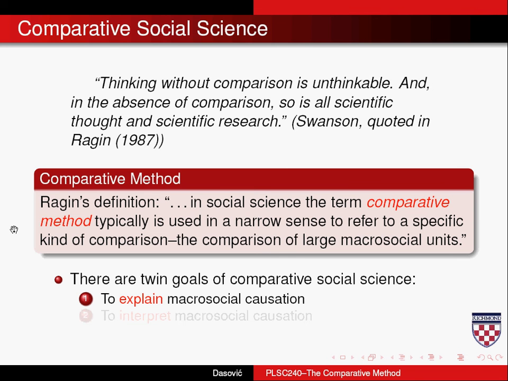Okay, so there are twin goals of comparative social science: to explain. Remember, explain is about answering the question words how and why, in addition to the descriptive question words who, where, what, and when. And then also to interpret macro social causation.